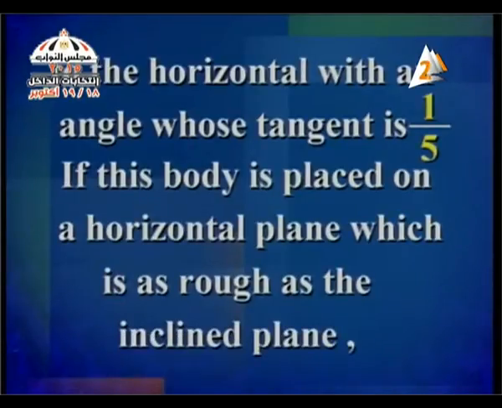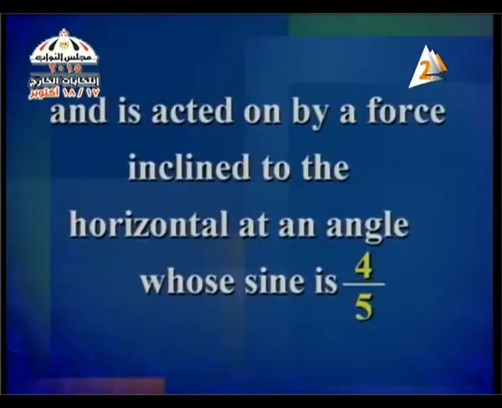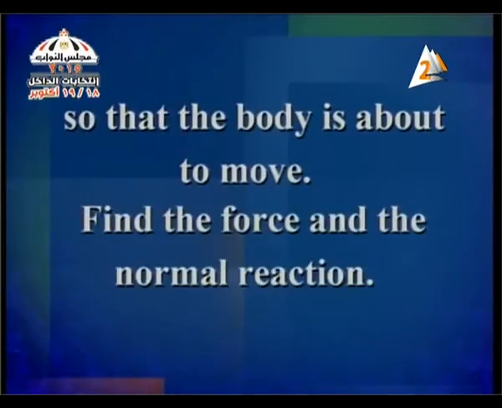If this body is placed on a horizontal plane which is as rough as the inclined plane and is acted on by a force inclined to the horizontal at an angle whose sine is 4/5, so that the body is about to move, find the force and the normal reaction.